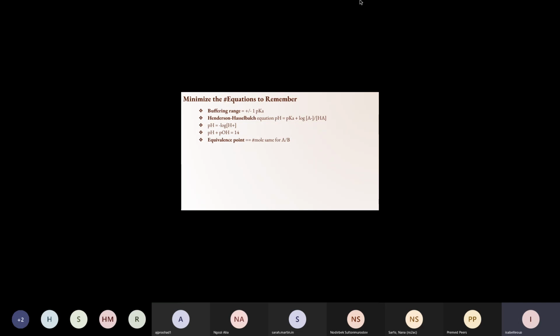So again, minimize the number of equations that you have to remember. Really, you can boil down the equilibrium constant K to a single thing: remembering where the reactant goes and where the concentration of the product goes, in terms of the numerator and the denominator.